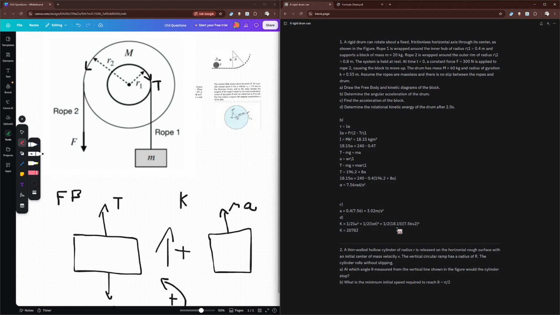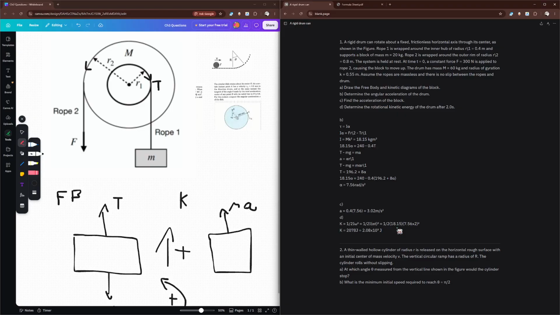And if you wanted to do three significant figures, as you should be doing, it's 2.08 times 10 to the 3 joules.